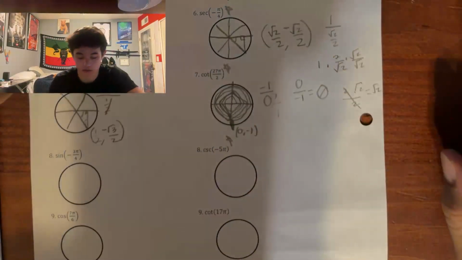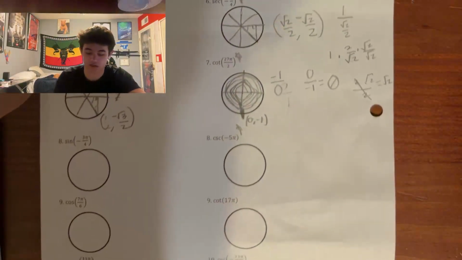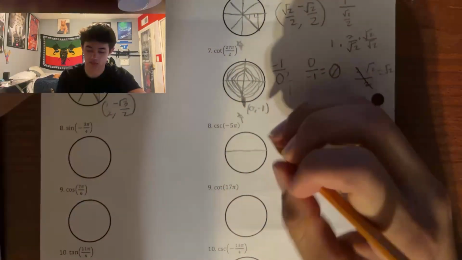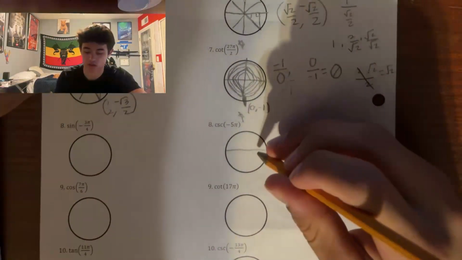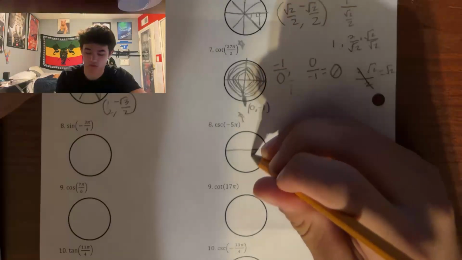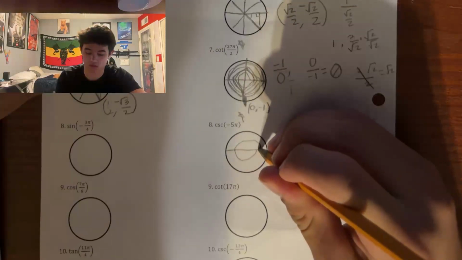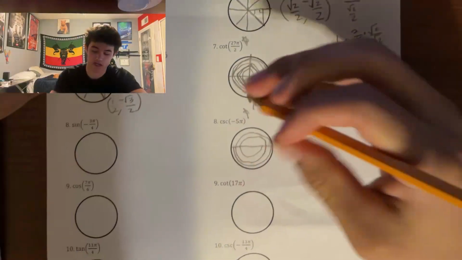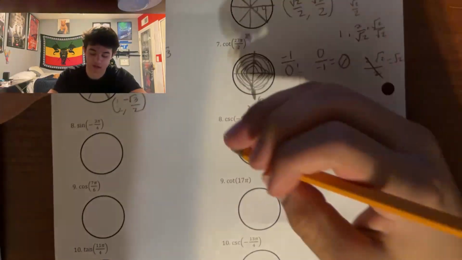Next up, cosecant of 5 pi. Now this one doesn't even get divided by a fraction, so we're just going to split it up into the 2 pi's of the circle. So we're going to go 1, 2, 3, 4, 5. So we're going to end up here at pi.